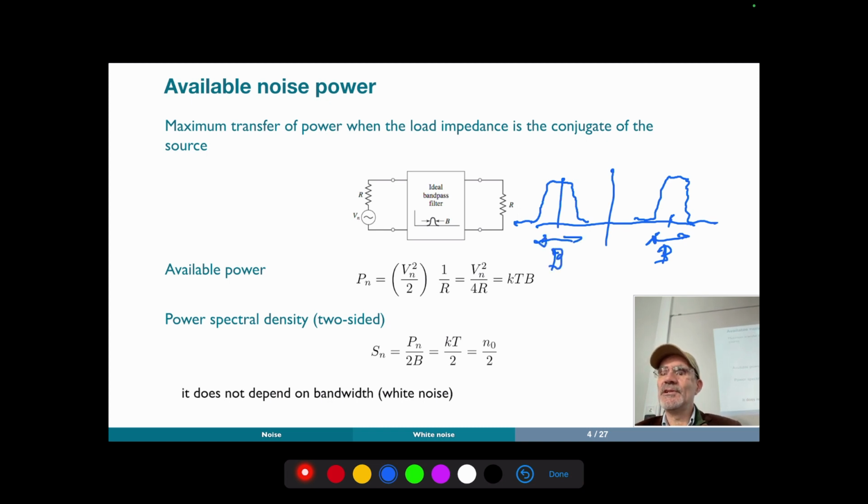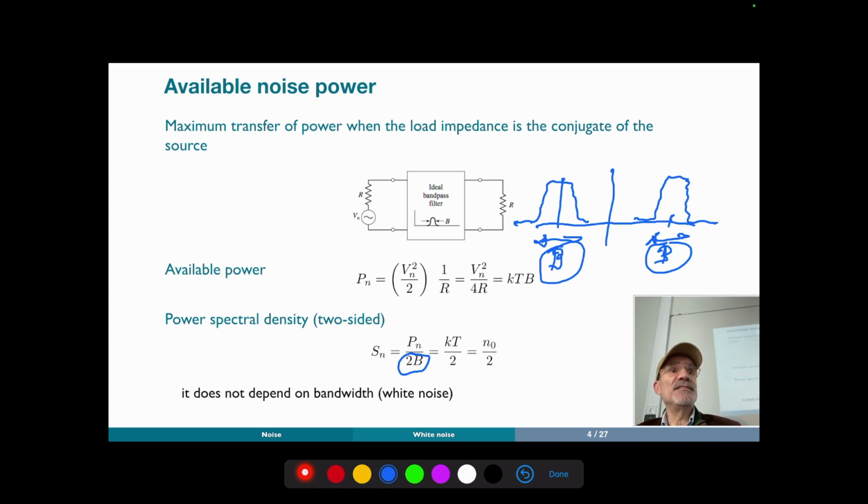And so the total amount of power that passes the filter has to be accounted twice the bandwidth. That's why we divide it by 2 times B in this equation here. And so the total result is that the power spectral density of this source is constant. It has a constant power spectral density, and so it does not depend on bandwidth.